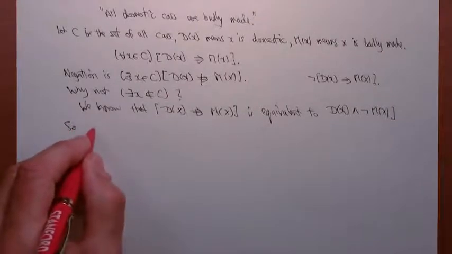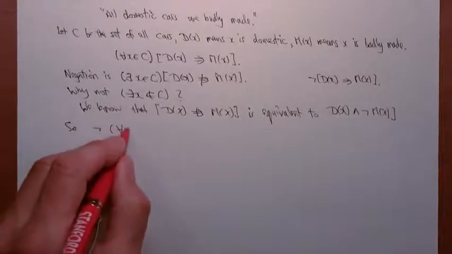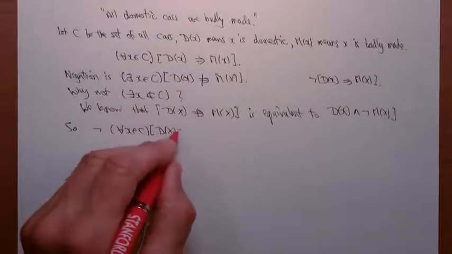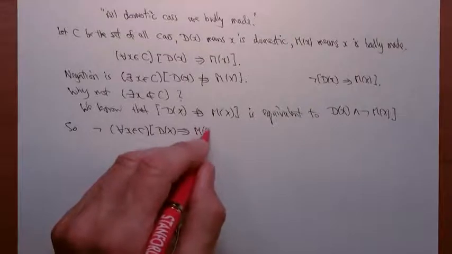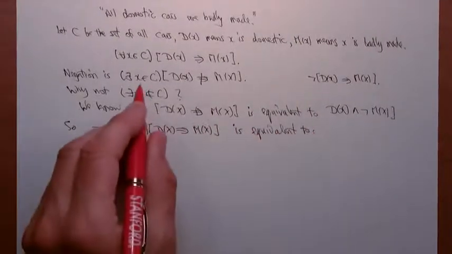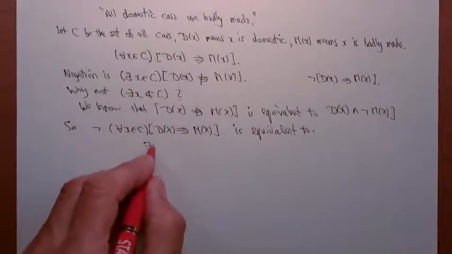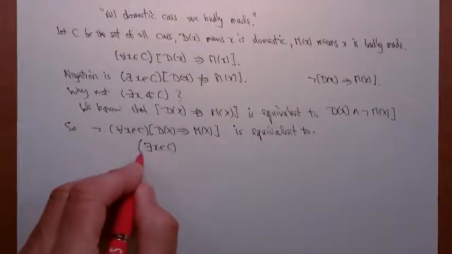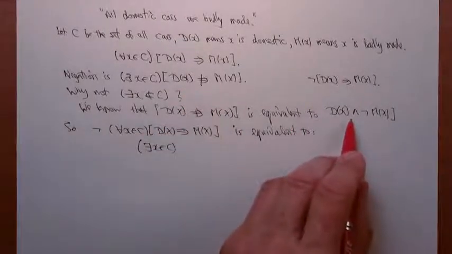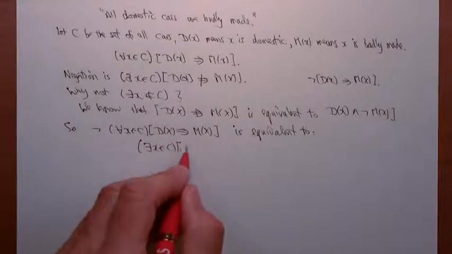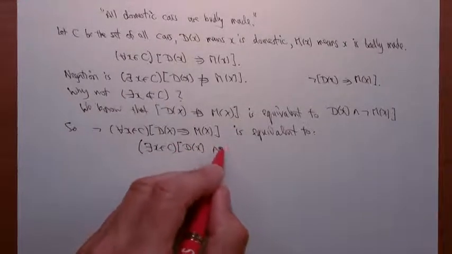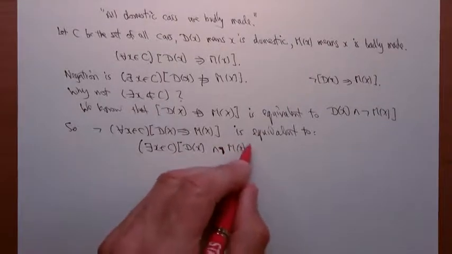So the negation of the original sentence, which is this, is equivalent to there exists x in C, this part is the same as this part, d of x and not M of x.